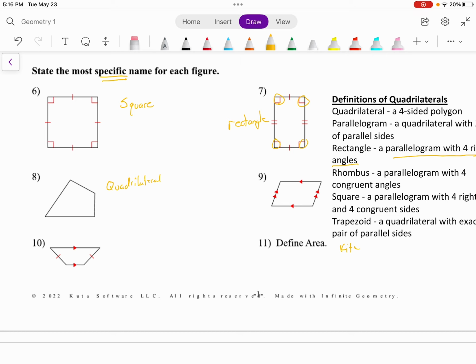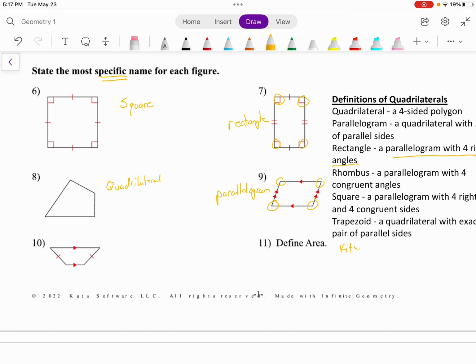Number 9, those arrows mean that those segments are parallel, so we have 2 pairs of parallel sides, and that is a parallelogram. It doesn't have right angles. It doesn't have all sides congruent, so it's just a parallelogram.